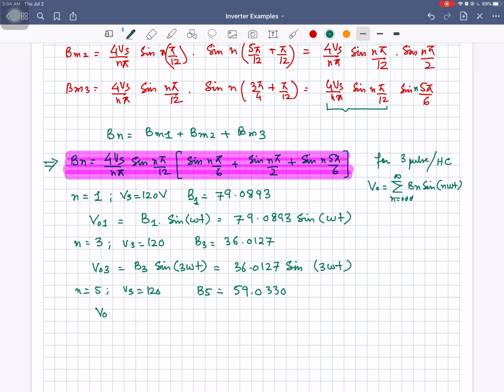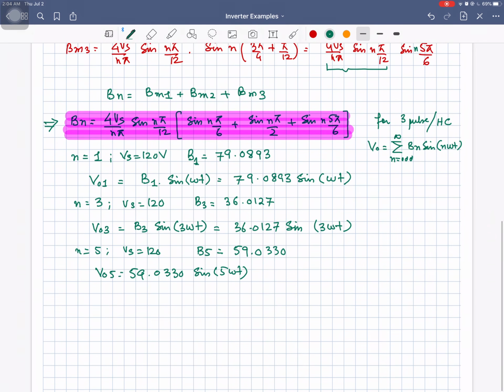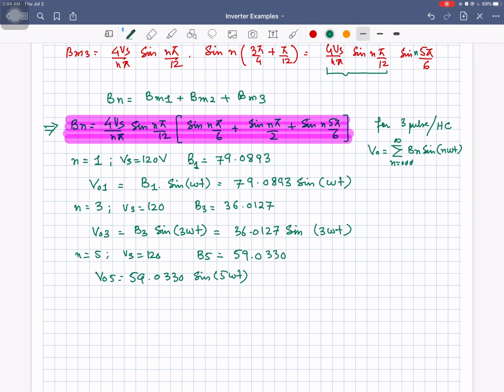So V05 can be written as 59.0330 into sine of 5 omega t, and so on, right? So you can now evaluate the magnitude of any harmonic which is present in the output voltage waveform of the inverter.